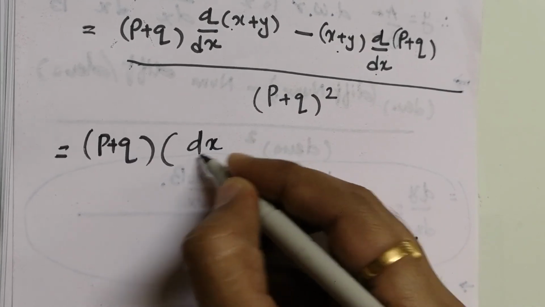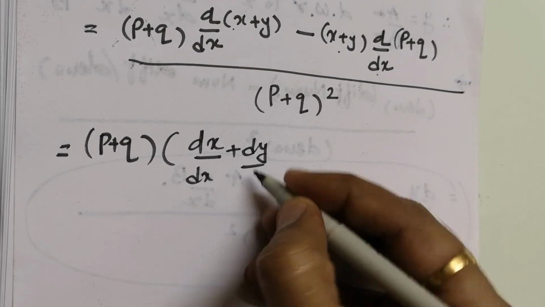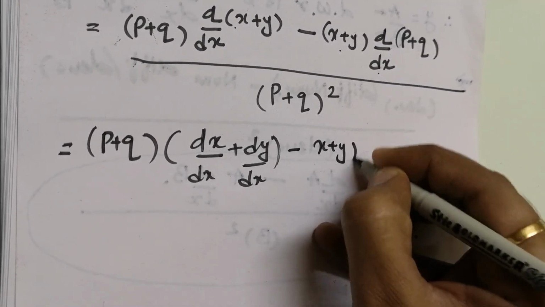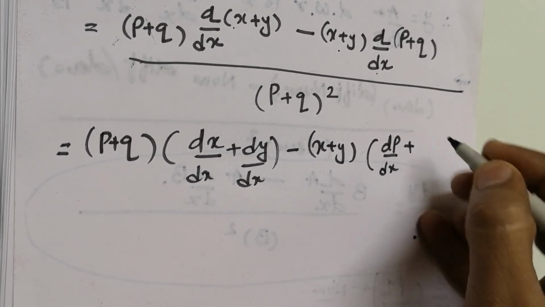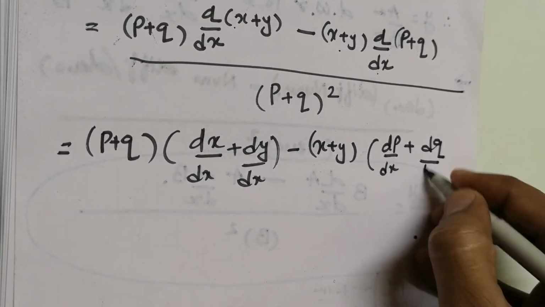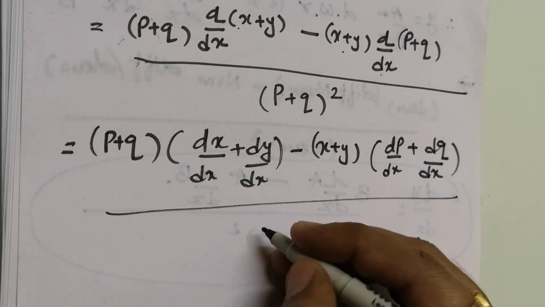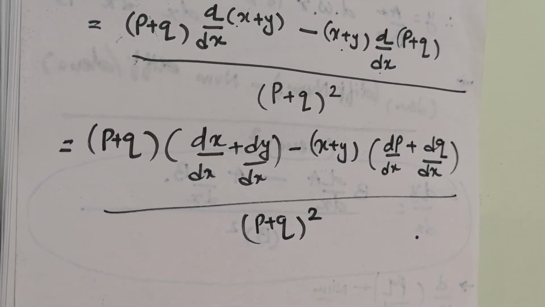Now the additional property: d by dx and dy by dx, minus x plus y, dp by dx plus dq by dx, divided by p plus q whole square. This is how you can go.